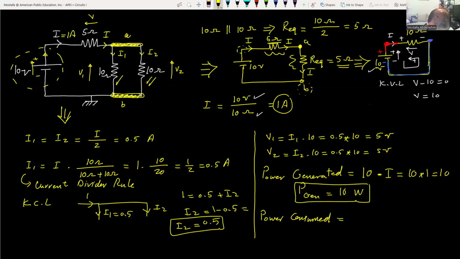I'm going to call this P. Let's make it with another color. P1, P2, P3.